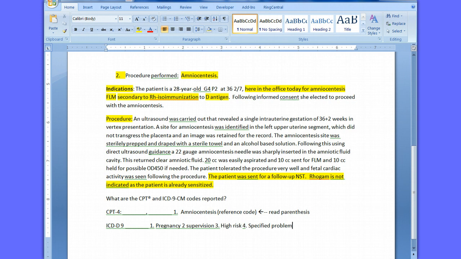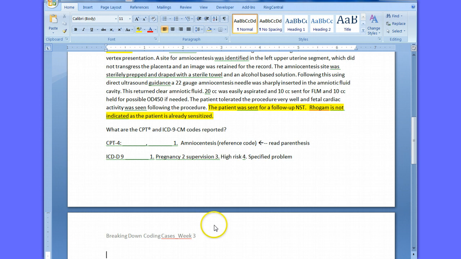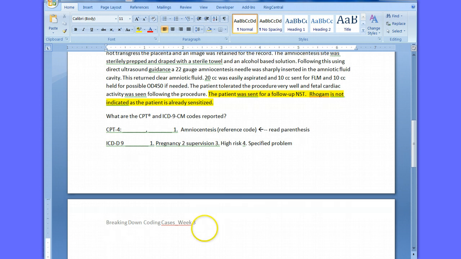Okay, and then the next ICD-9, we're going to have 2 codes here. And let me come up. Let me bring my page down a little bit because I want you guys to see how I do this. We also have pregnancy, and number 2 is complicated. That's what I call it. I called it high risk, but it's described in the ICD-9 as complicated.